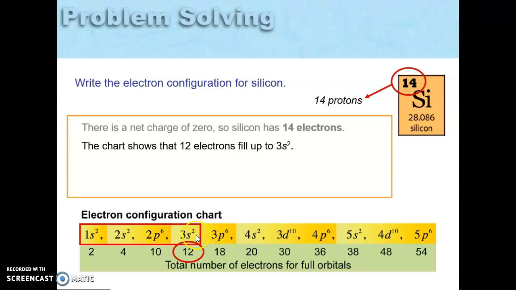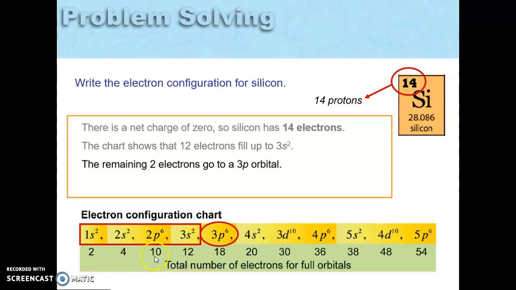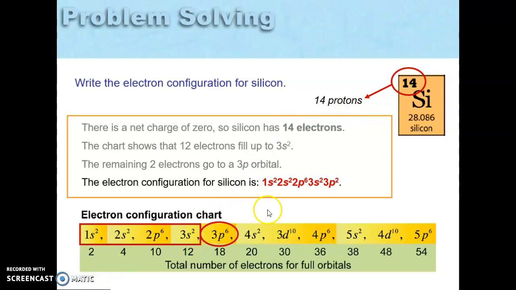Well, it's somewhere between this one and this one. So somewhere between 3s2 and 3p6. So those last 2 electrons out of 14 need to go in the 3p orbital. So that leaves us with 1s2, 2s2, 2p6, 3s2, and 3p2.